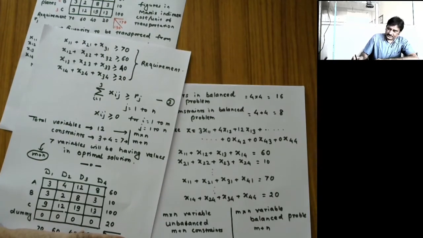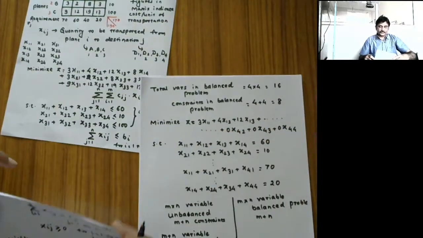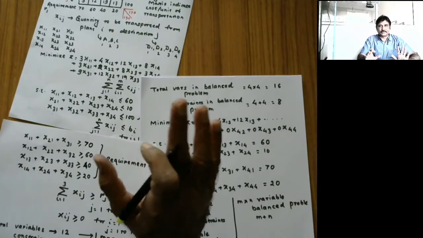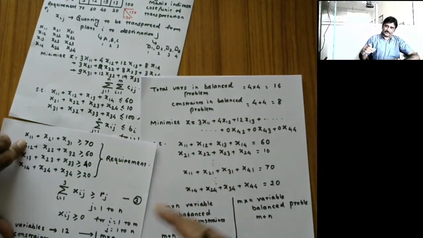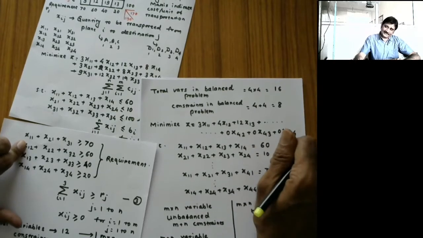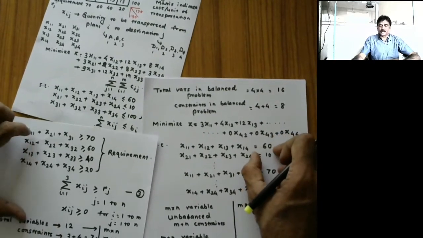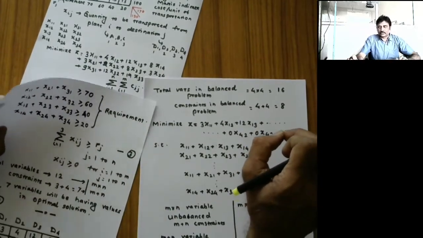For example, in the problem we have formulated, there are 7 constraints. It implies that 7 variables will have value in the optimal solution. But the same problem formulated here has 8 constraints now. You will find that when you solve this problem, there are only 7 variables which have value.